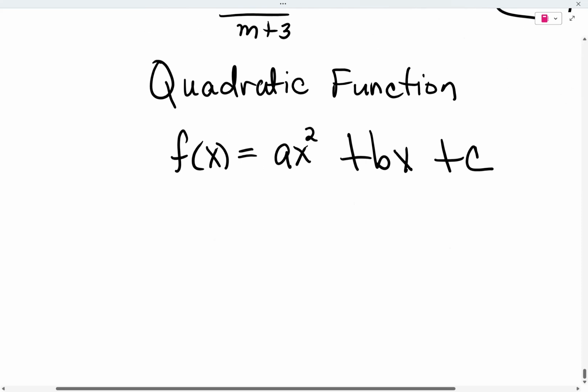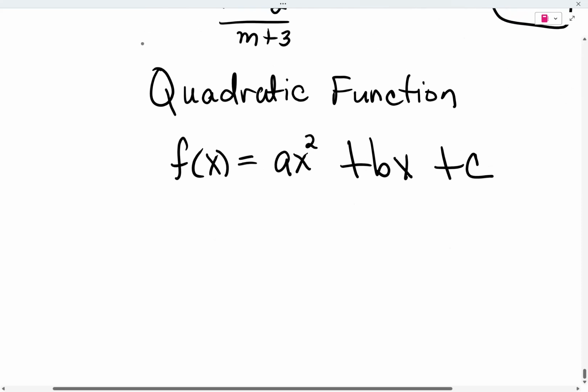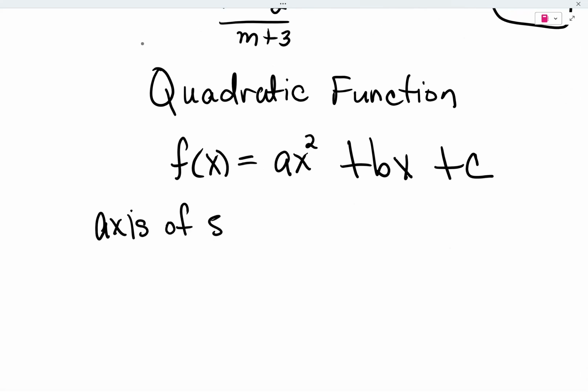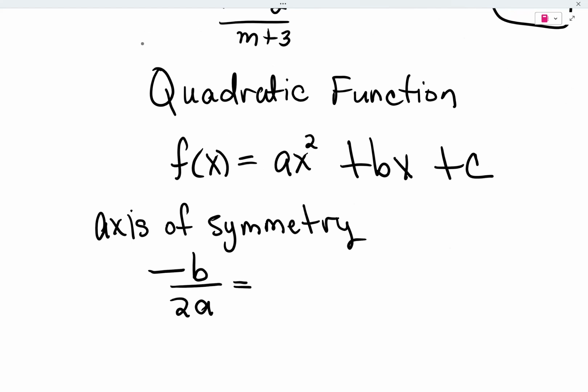What I want to mention to you is a couple of things. There's this item called the axis of symmetry. And it's simply the formula, which is negative b over 2a, and that equals the x term.